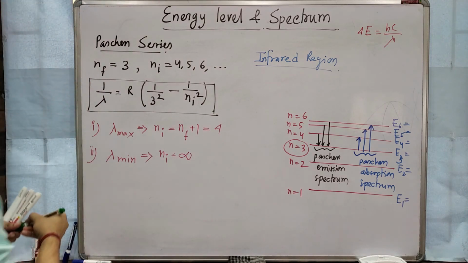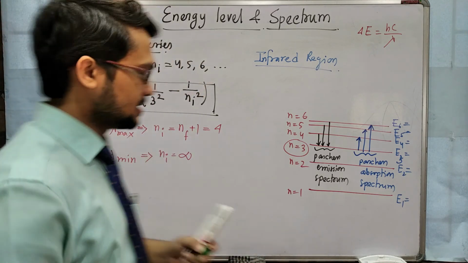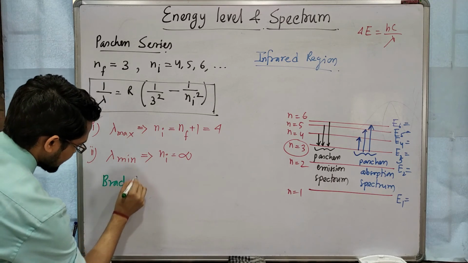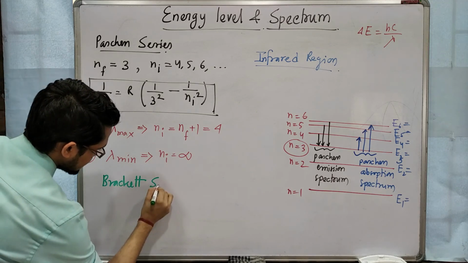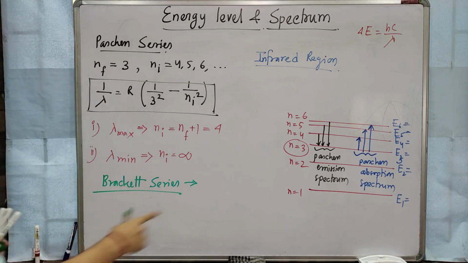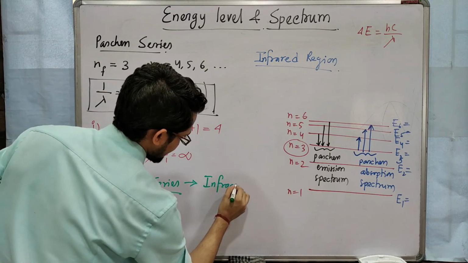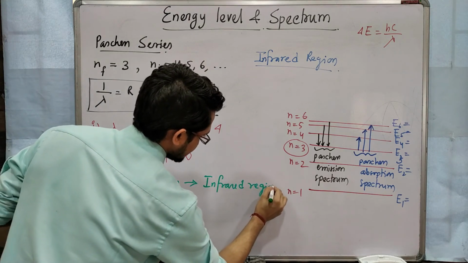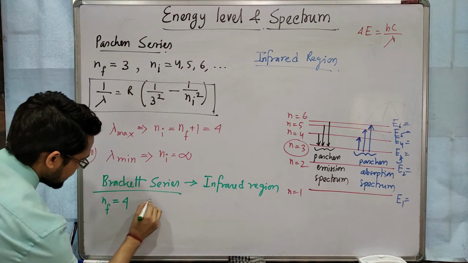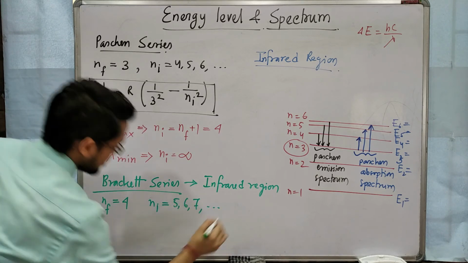Clear? After Paschen, you will get the Brackett series. Again, for the Brackett series, all the wavelengths will lie in the infrared region. Here nf will be 4, and ni will be greater than nf: 5, 6, 7, dot dot dot.